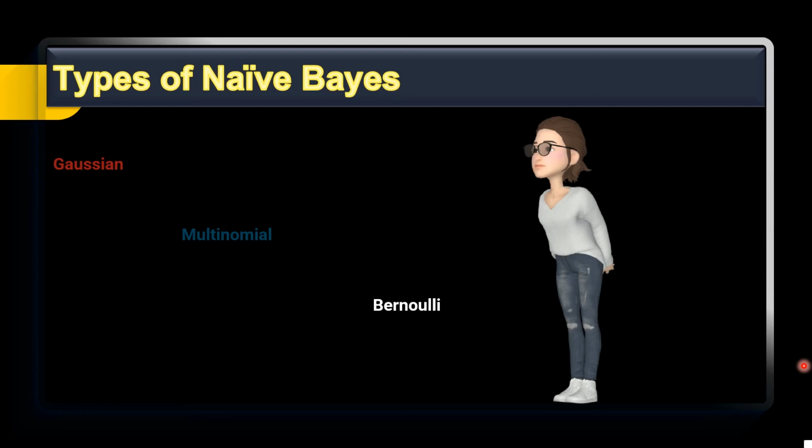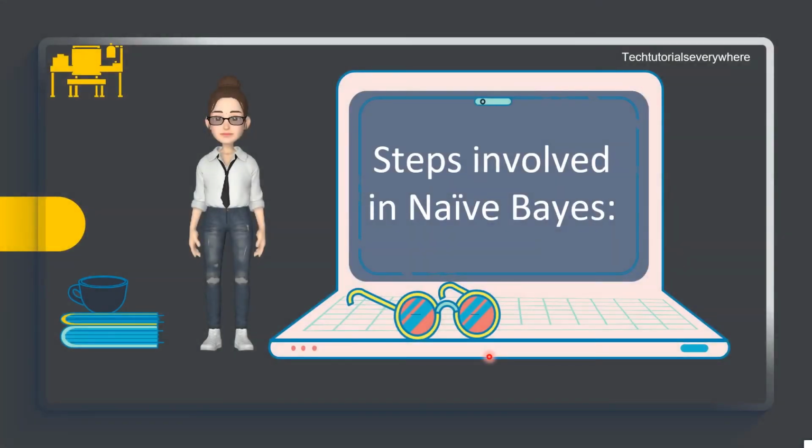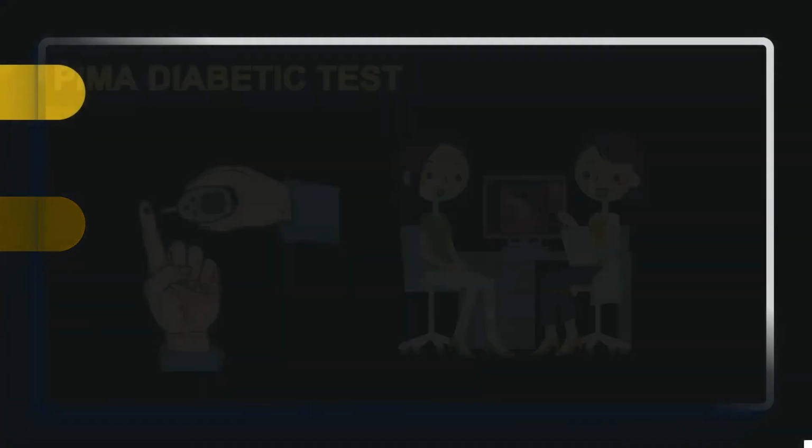Based on your dataset, you can choose any of the models discussed here, which are the Gaussian, the multinomial, or the Bernoulli. So let's understand how this algorithm works and what are the different steps one can take to create a Bayesian model and use Naive Bayes to predict the output.